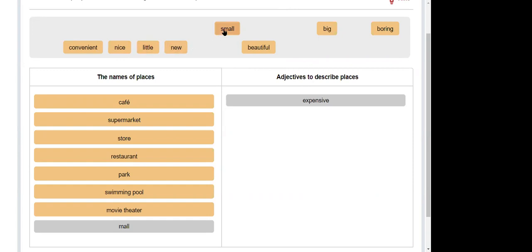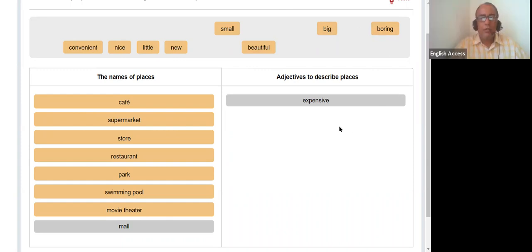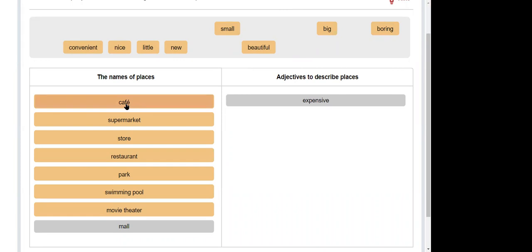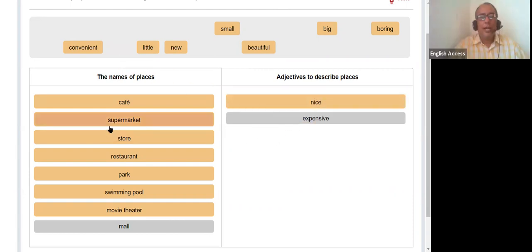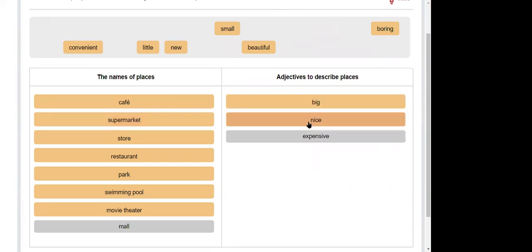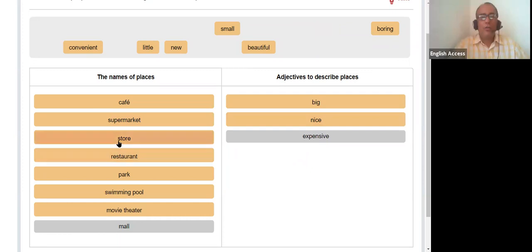New, nuevo. Beautiful, small, big, and boring. So, what is a good adjective for cafe? Nice. A nice cafe, yes. What is a good adjective for supermarket? Big. Big supermarket, yes.